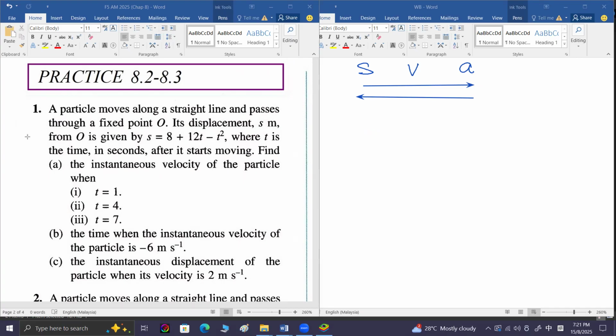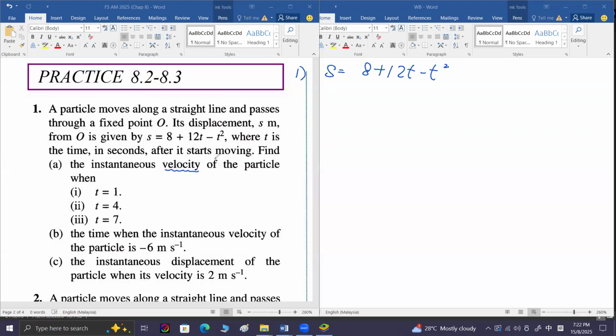Okay, class. Get ready, question 1. A particle moves along a straight line given as... Okay, so what did I ask to find? Find the velocity, see?